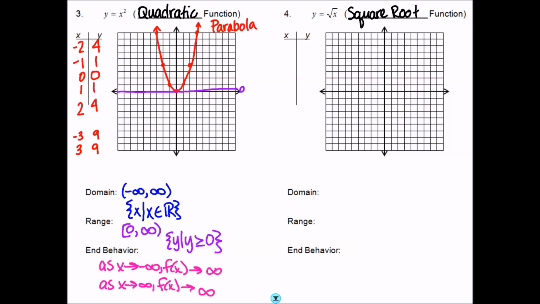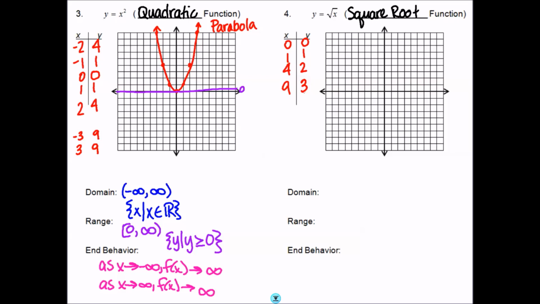So I'm going to pick all perfect squares for my x values. So I'm going to pick 0, 1, oops, not 2, 4, and 9, because those are all perfect squares. So if I plug these into the equation, the square root of 0 is 0, square root of 1 is 1, square root of 4 is 2, square root of 9 is 3.